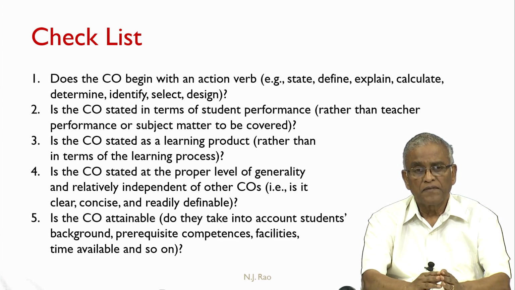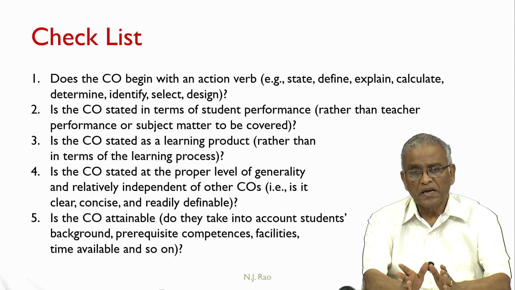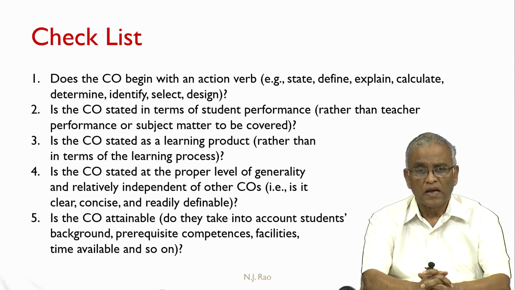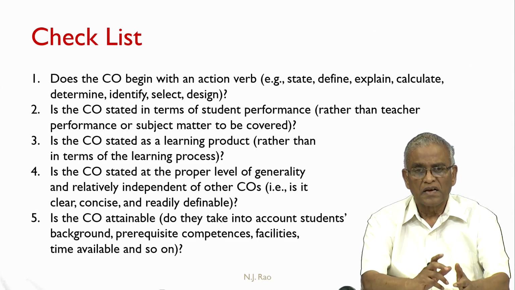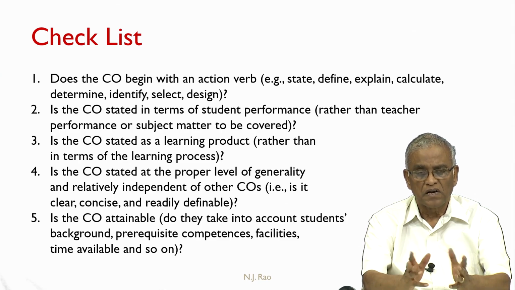Okay. What kind of action verbs do you use? They can be from any of the 6 cognitive levels, like we have already presented to you several action verbs: state, define, explain, calculate, identify, select, design, and so on, from various cognitive levels.